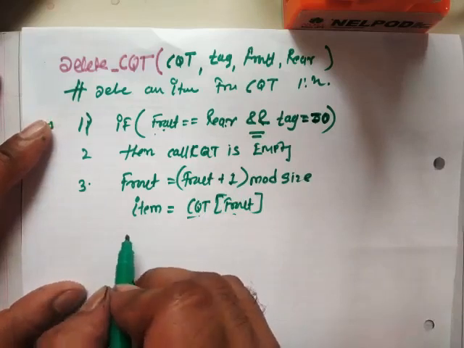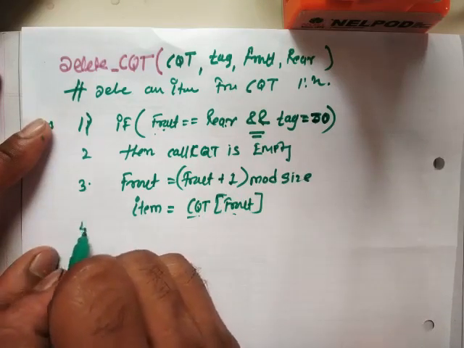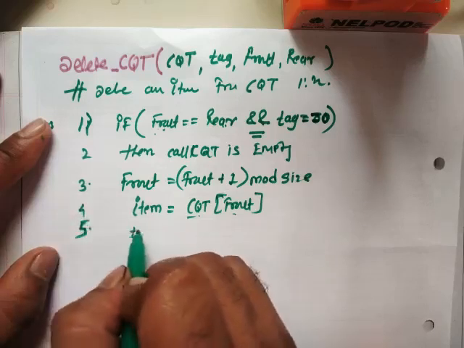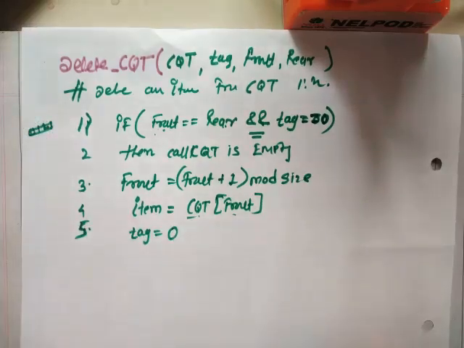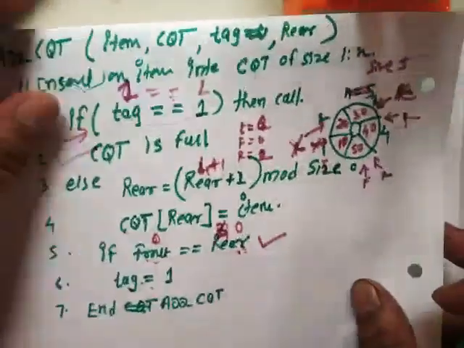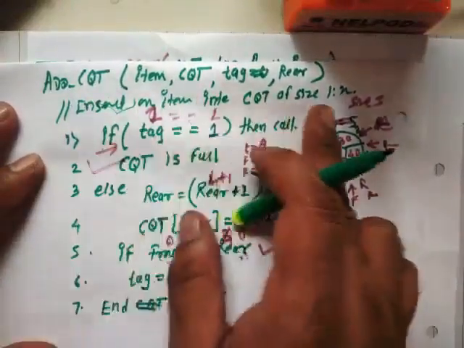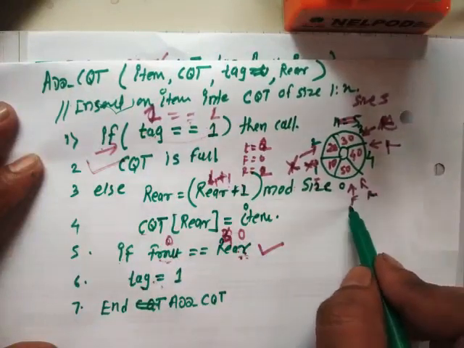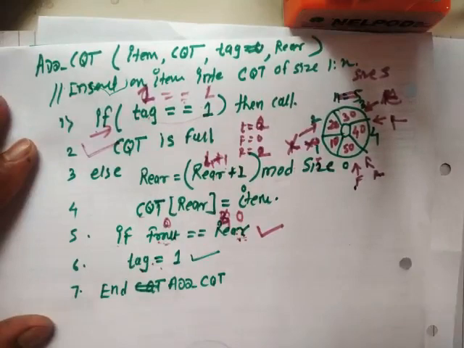Okay, and then simply set your tag value to 0. Why are we setting the tag value to 0 here? In the previous circular queue with tag add operation, when your front and rear reached the maximum size, we set the tag value to 1.